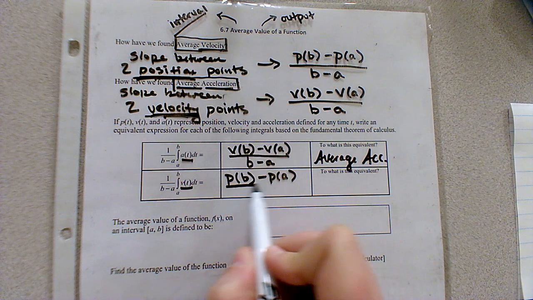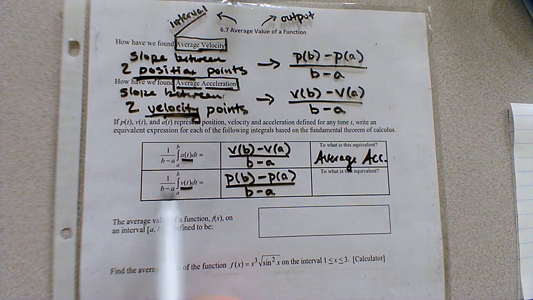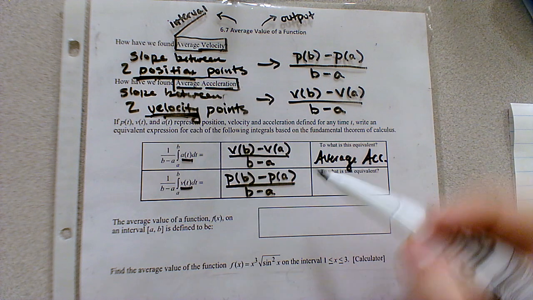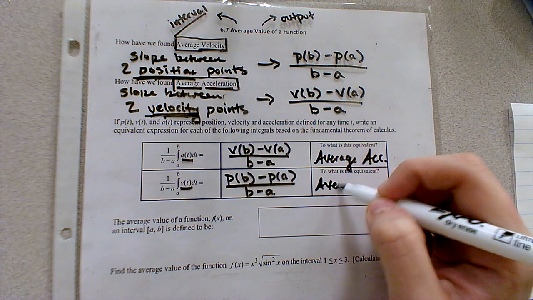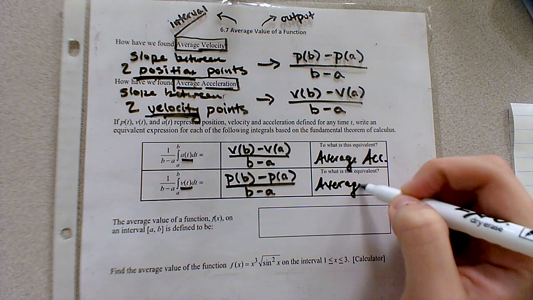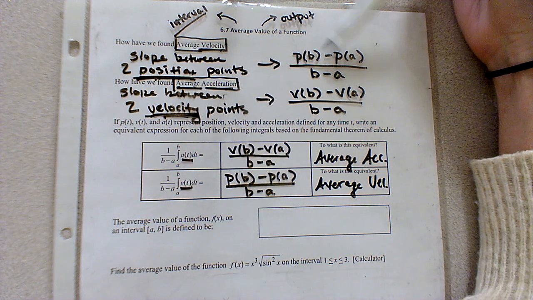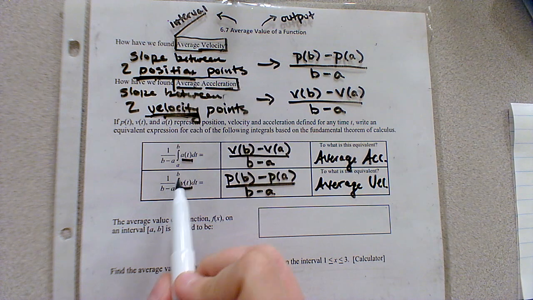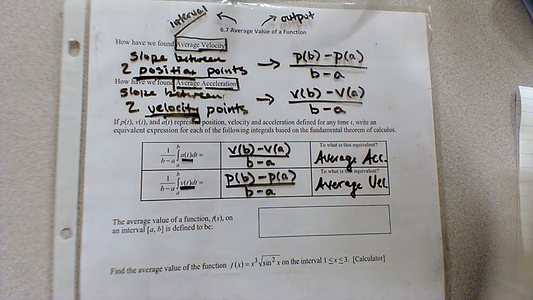And again, I'm going to divide by this change in the bounds, this B minus A. This is what we said previously represented average velocity. So instead of having to use 2 points on position to get average velocity, we can integrate a velocity function if we have velocity information available to us instead of position information.